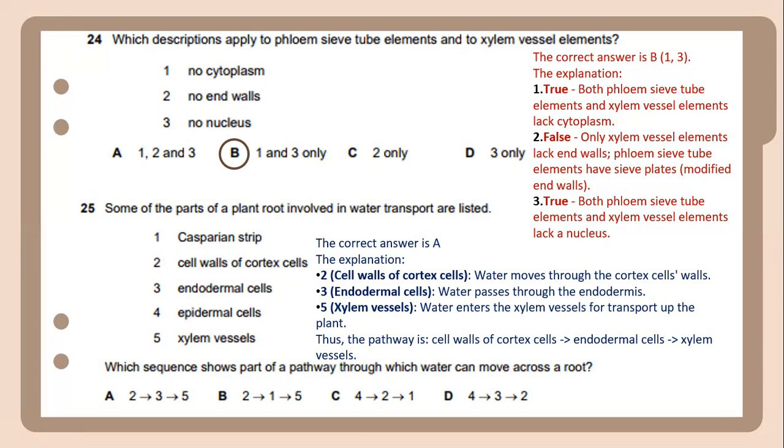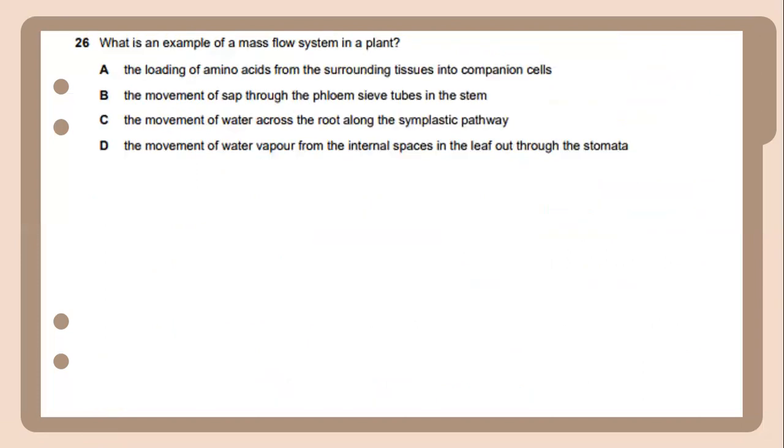So the pathway is the cell wall of the cortex cells, and then it goes to endodermal cells and the xylem vessels. The sequential path through which water can move across the root is 2, 3, and 5.